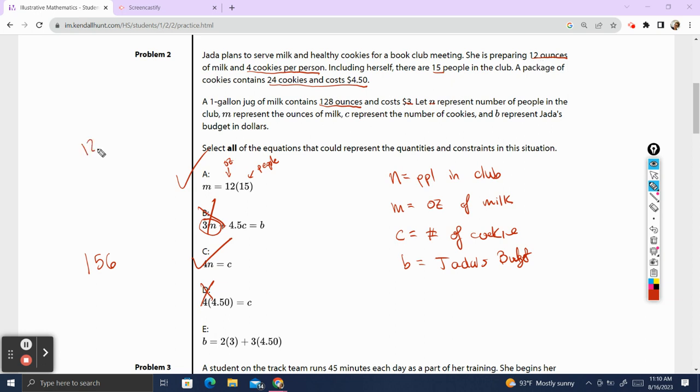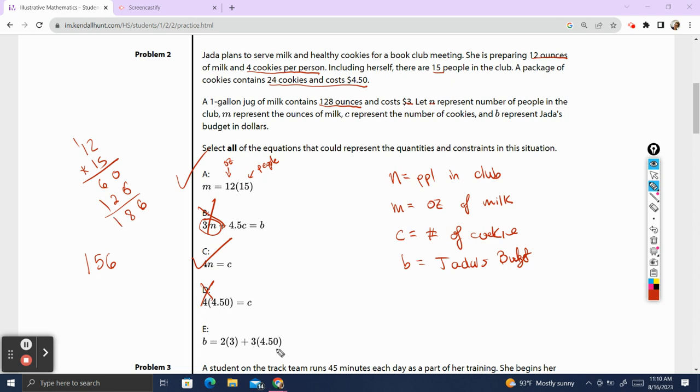Well, 12 times 15 is the amount of milk that we need. So we're going to require a little bit of math here, which is okay. That's 180.